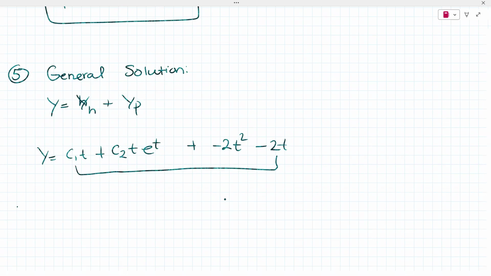So if you have a repeat, you can just ignore it. So our final answer is y equals c1t plus c2 t e^t minus 2t squared. So I just ignored this, and that's my final answer.